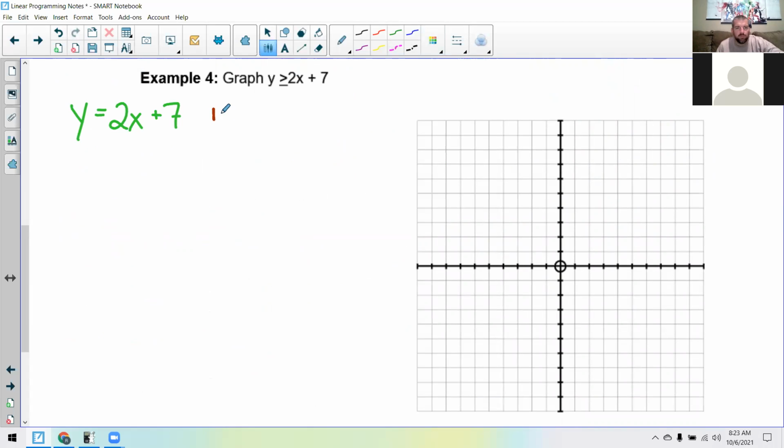So I know my slope is 2 or 2 over 1. And my y-intercept is going to be 0, 7. It's always 0, that guy. So these are actually a little easier to graph. I'm going to start at my y-intercept 0, 7, over 0, up 1, 2, 3, 4, 5, 6, 7.